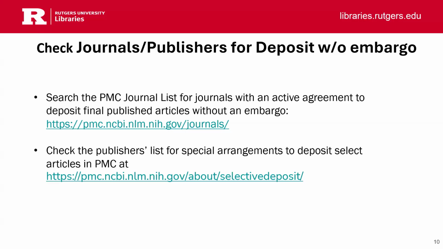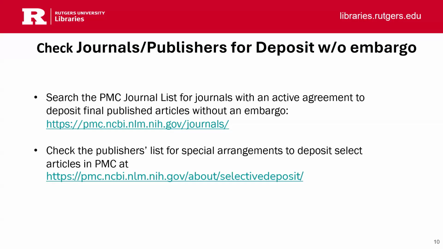Be aware that the availability of the final published article on the journal or the publisher's website is not proof of compliance. It's not sufficient for compliance with the policy. To be compliant, the author accepted manuscript or the final published article must be submitted to PMC for public availability without embargo upon the official date of publication. Compliance can be achieved in one of two ways.